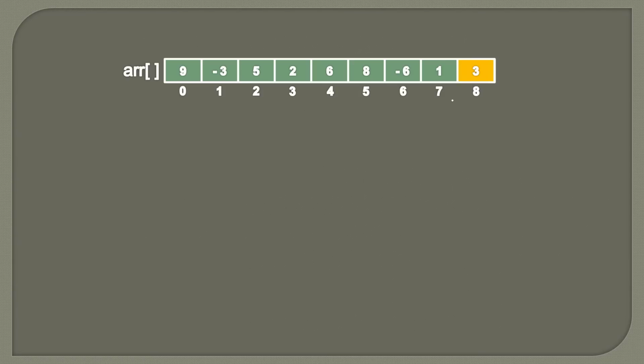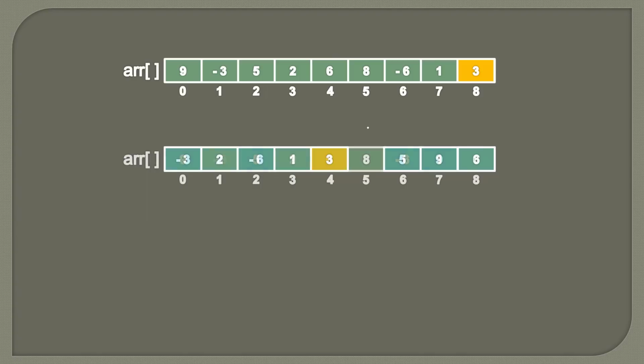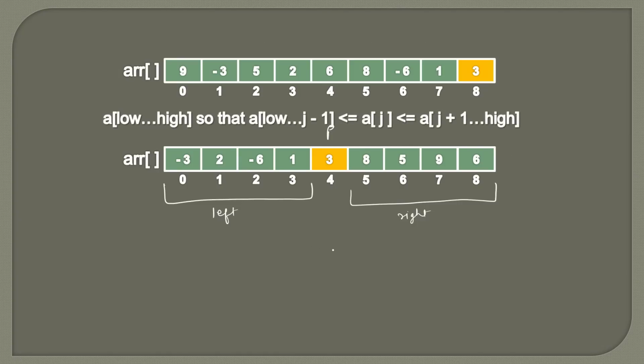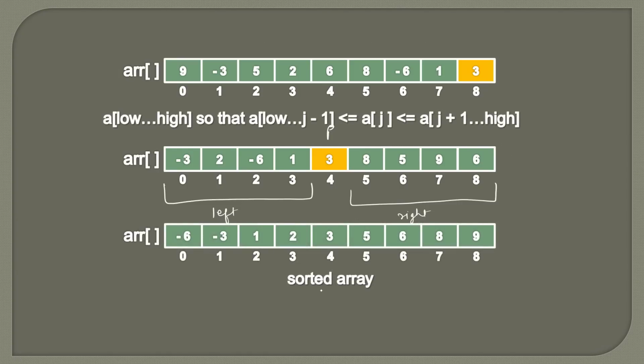So 3 is the pivot, and as we discussed in our previous video, we partition and reorder the array in such a way that all the elements smaller than 3 come before 3 and all the elements greater than 3 come after the 3. So it would look something like this: this part is the left part, this is the right part, and this is our pivot. When this array gets sorted completely, this is the sorted array.